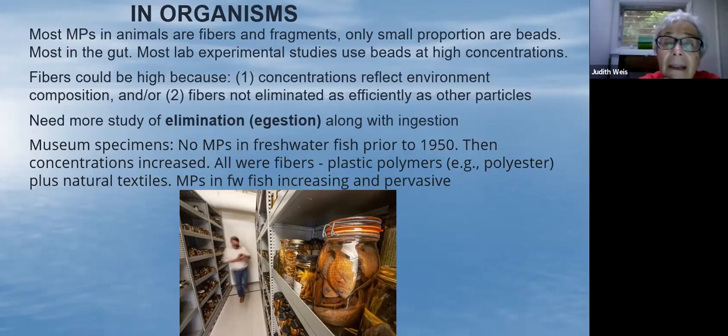Following 1950, the amounts were increasing and increasing. And all of the microplastics were fibers. They were primarily polyester, but there were also some natural textiles like cotton microfibers as well. But they could see this steep, steady increase as the fish were caught later and later.